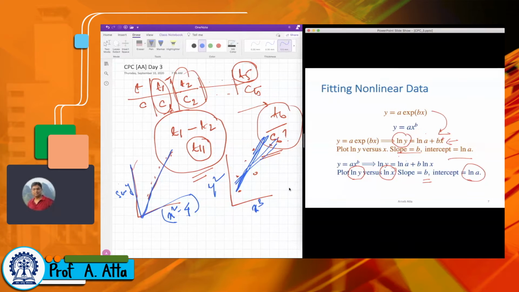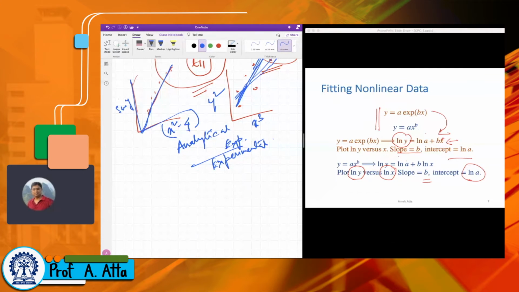Now, this means that if you have this kind of an analytical expression, there is a term I have mentioned called the analytical expression. Can someone tell me what is the difference between analytical and experimental? What I meant by analytical and what is experimental?